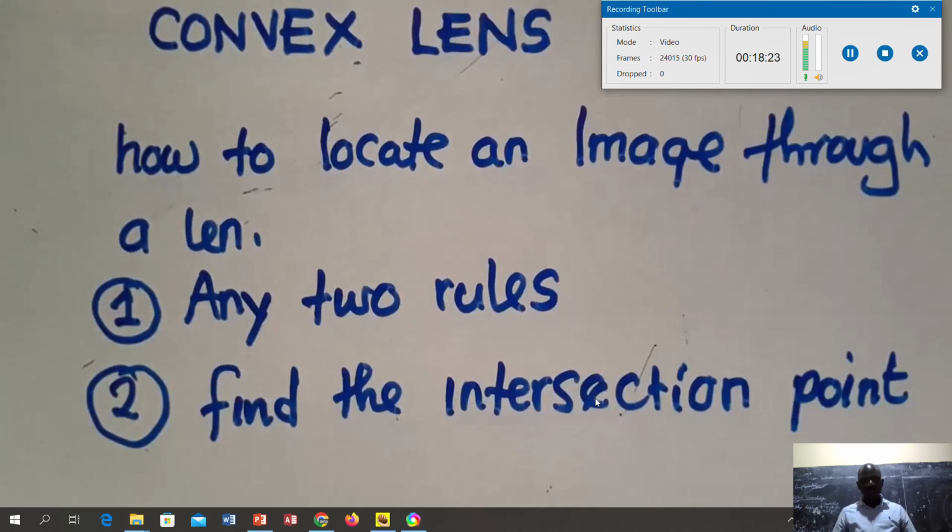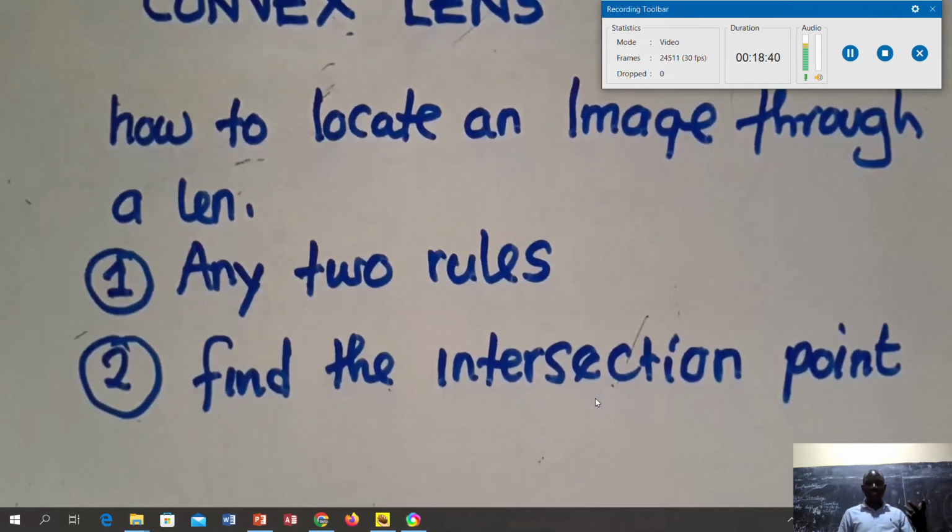The point where the 2 refracted rays are meeting or intersecting is the exact point where our image is going to be formed. Is it clear? Are we okay there? And as I said, these are the key points in whatever we are going to do here. It is what we shall follow.